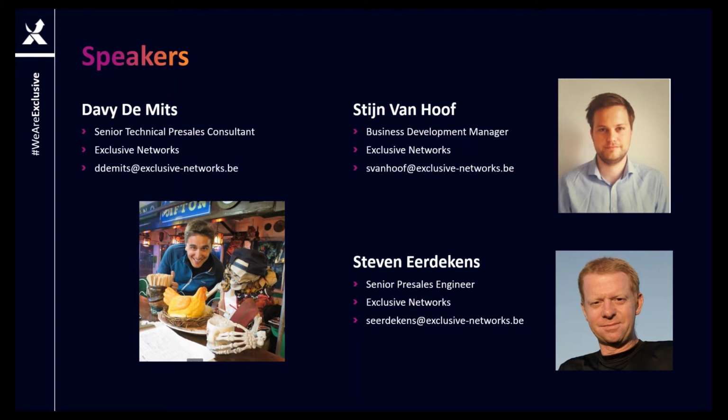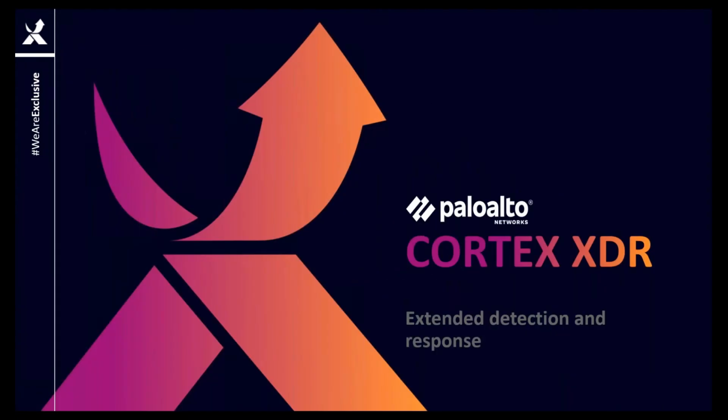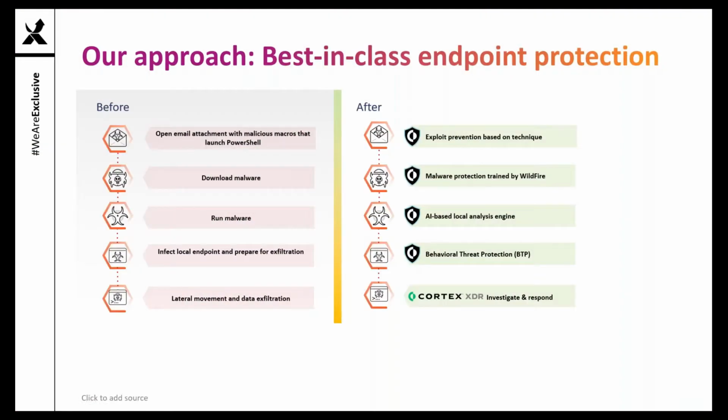So I will explain in short Cortex XDR. Okay, so what is the approach of Cortex XDR? So let's take a real-life example where a user opens an email with a Word document attached which contains a malicious macro. This is just an example.